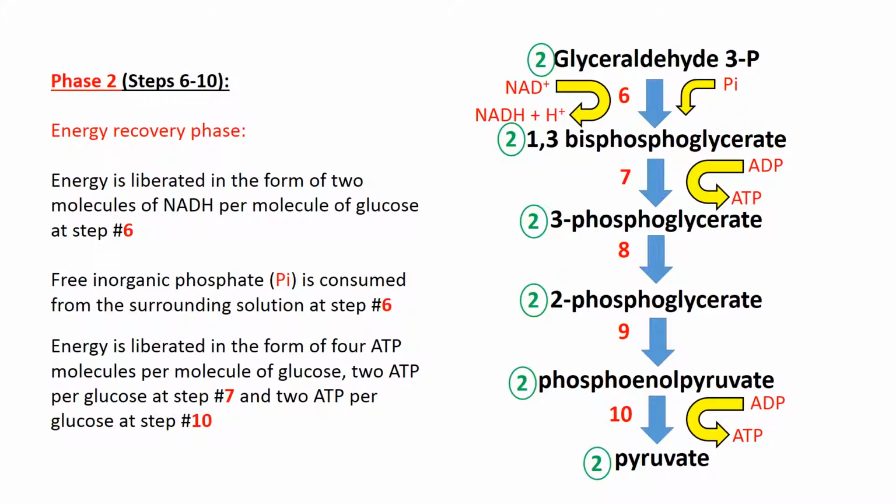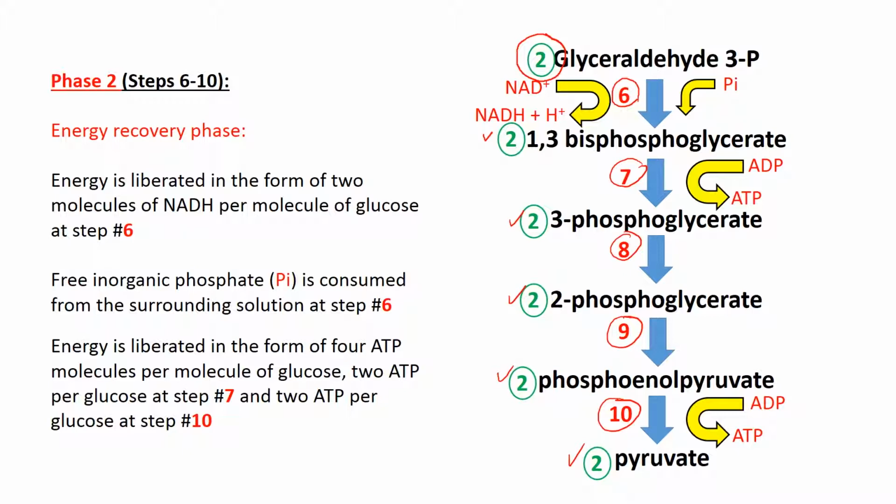Note that since this phase begins with 2 molecules of glyceraldehyde 3-phosphate, and here they are, 2 molecules on the top of glyceraldehyde 3-phosphate, each step, 6 through 10, okay, here's 6, 7, 8, 9, and 10, happens twice, once for each of the glyceraldehyde 3-phosphate molecules, resulting from the breakdown of glucose in phase 1.